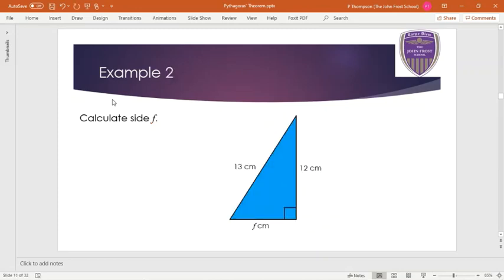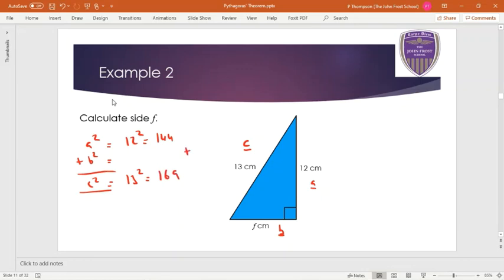Example 2. Perhaps pause the video and have a go at this one, and then come back to us. Welcome back then. So here's my labels, C, B, A. Again, a squared add b squared gives you c squared. A squared, I can do: 12 squared is 144. B squared, I don't know yet. C squared is 13 squared, which is 169.